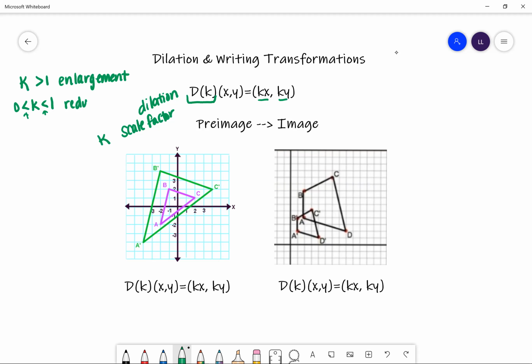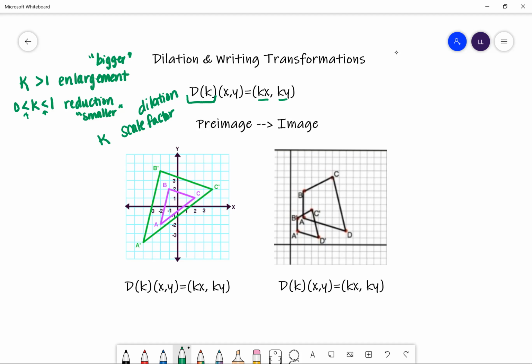That means it got smaller. So bigger, and then here is smaller. You can tell from the picture what your number is going to be. You know whether a picture got bigger or smaller, so you can just use your common sense to figure that part out.